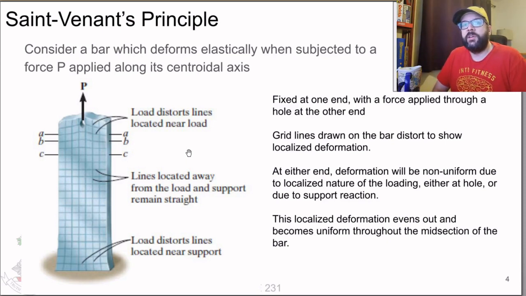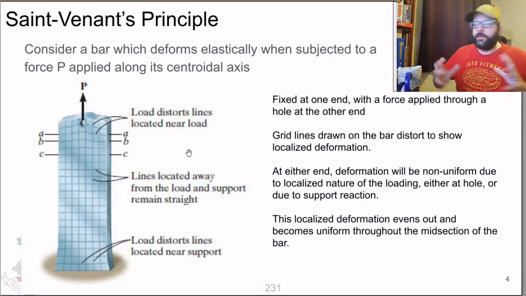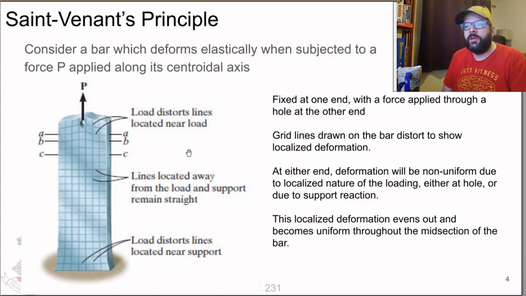Essentially, as we stretch it out axially, it's going to want to contract in the lateral directions, but it's not going to be able to due to the fact it's bonded to that surface.